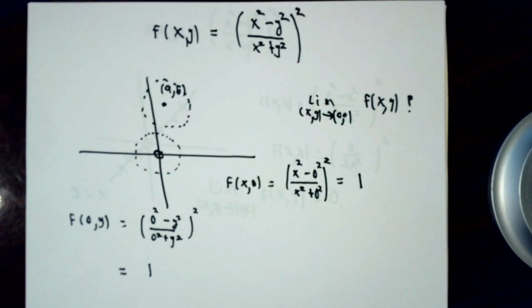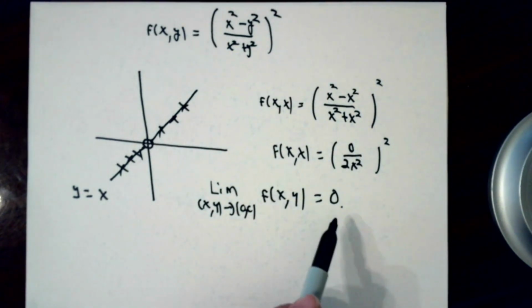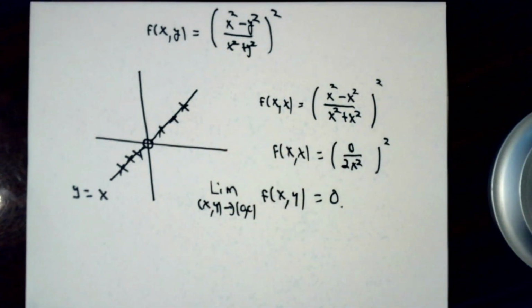When we approach the origin using points that lie either on the x-axis or the y-axis, the function values that we got all the way in were 1 in both cases, making us think that the limit was 1. But coming in along the straight line y = x, we would think that the limit is 0.